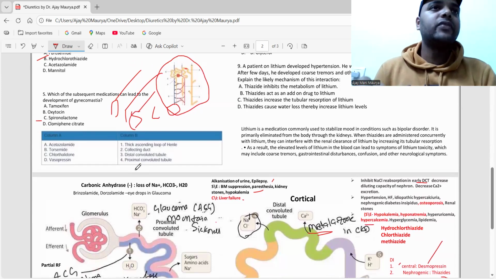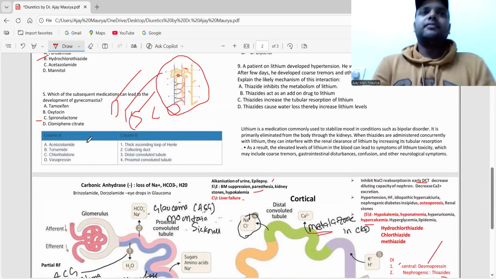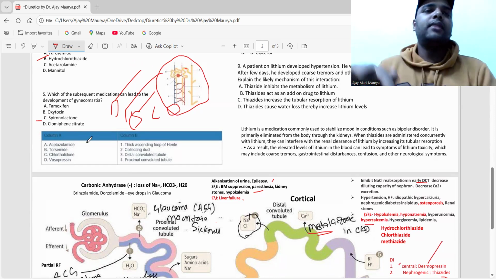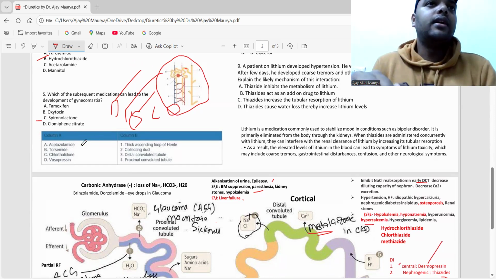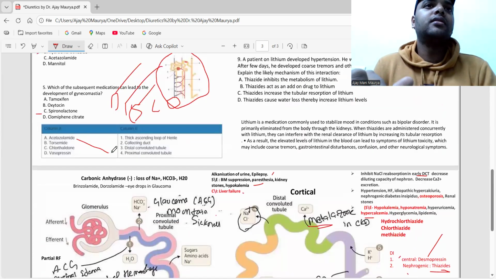Next one. Just try to match column A and B. Tell me. Acetazolamide, where does it act? PCT. Next one, torsemide.